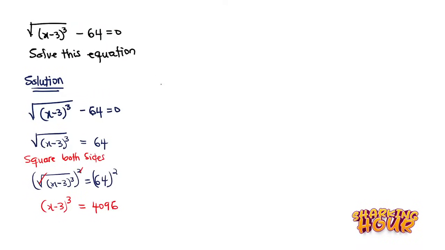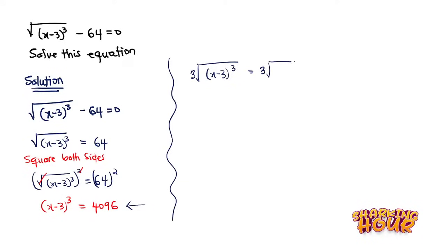So from here, we are going to have something that looks like this. So for the cube root, we'll have something that looks like this. So I'm applying the cube root to this expression. So I will have (x minus 3) cubed, and that will be equal to, then I apply the cube root to the value 4096 as well.